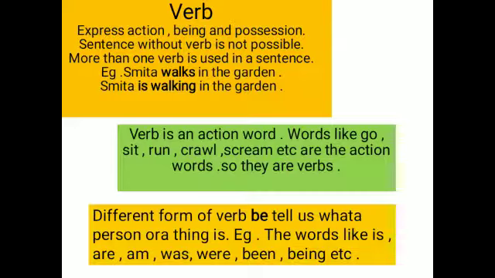Now some verbs express actions like go, sit, run, crawl, scream, etc. Different forms of the verb be tell us what a person or thing is. So we can find out what a person or thing is by the verb be. The words are is, are, am, was, were, been and being.